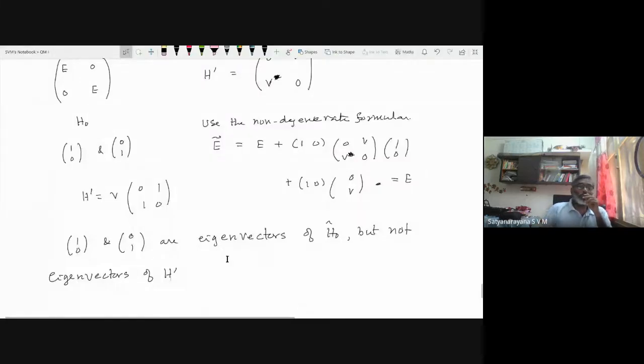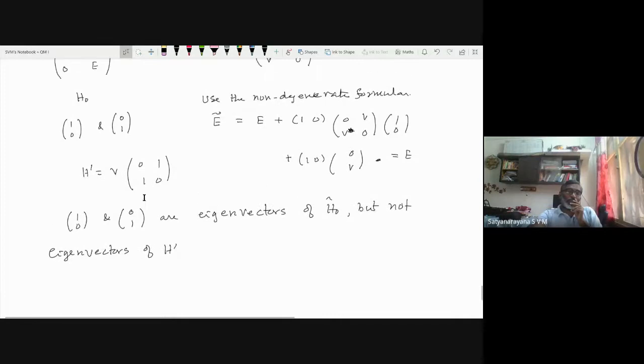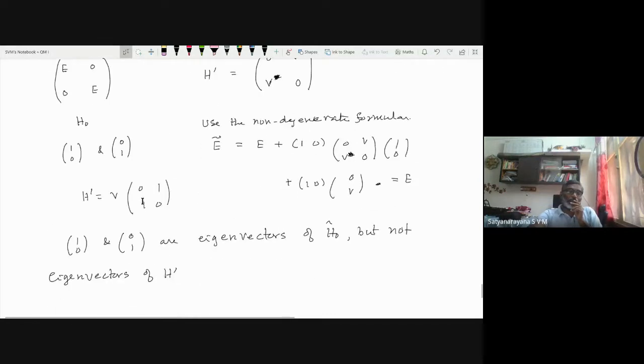So now what we should do is find the common eigenvectors of H0 and H prime, since the energy is the same, both eigenvalues are degenerate.